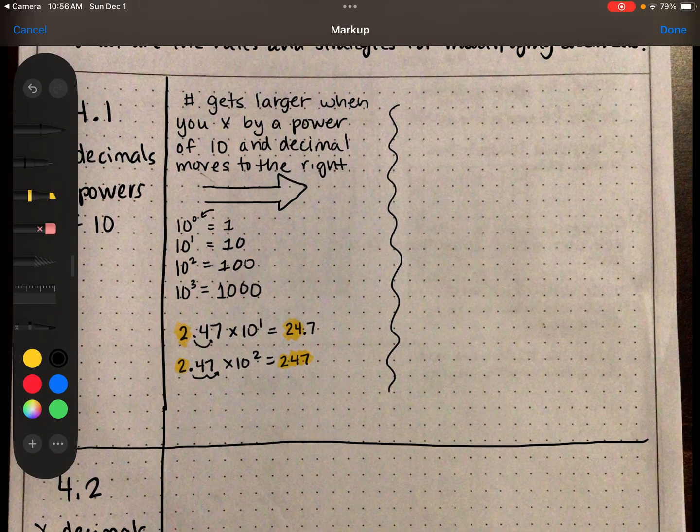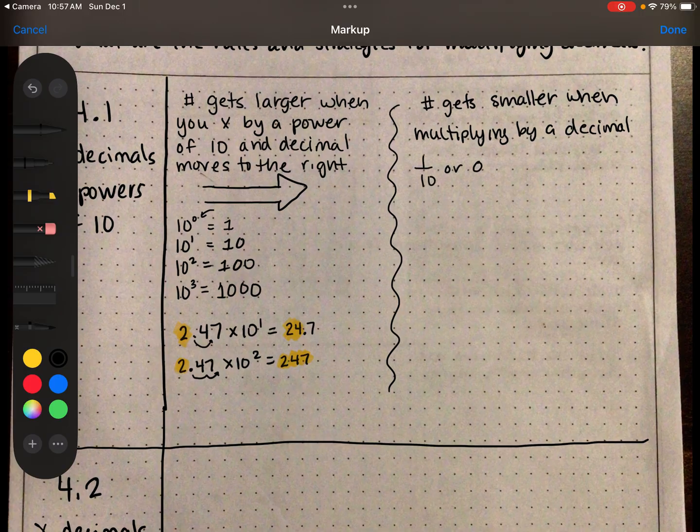Now, the inverse of this is if you have a number and you are multiplying by a decimal, the number gets smaller, or decreases in value.